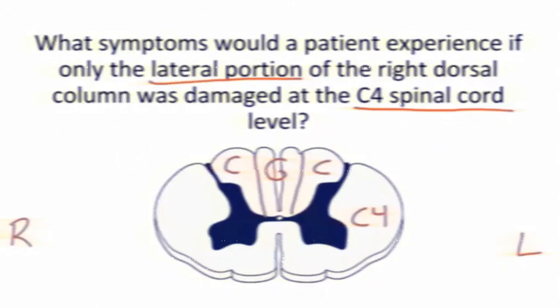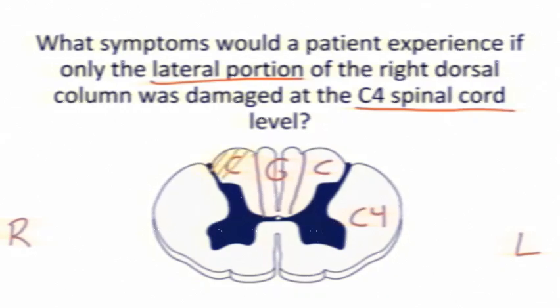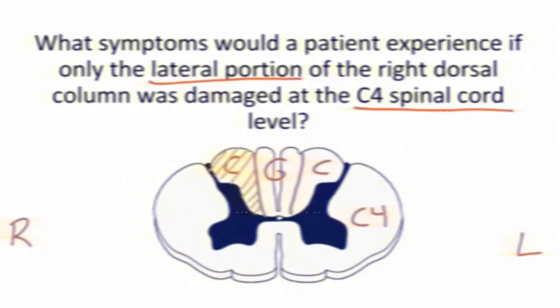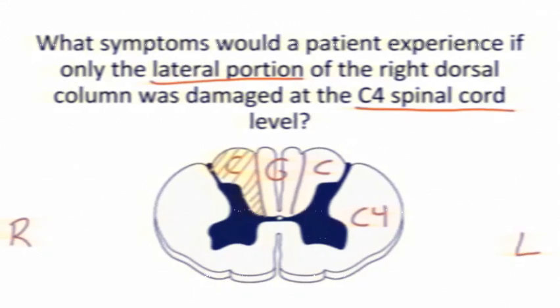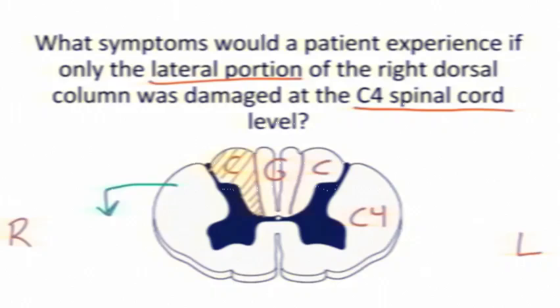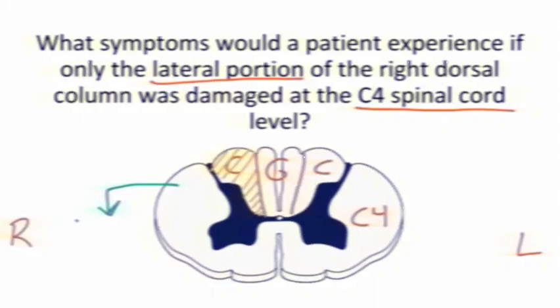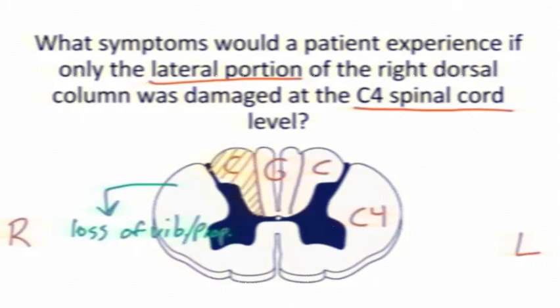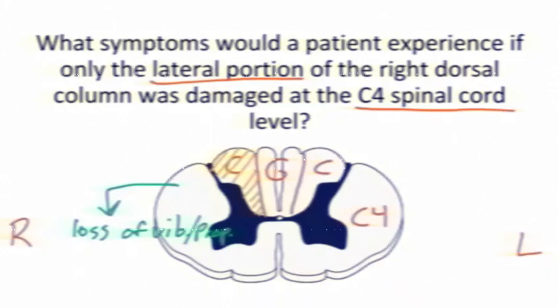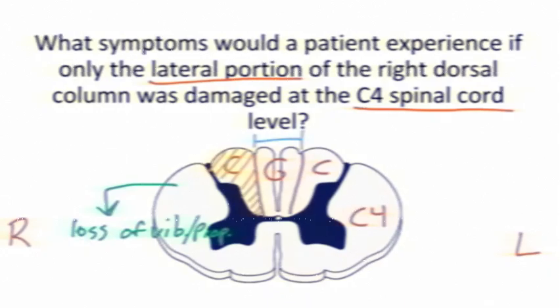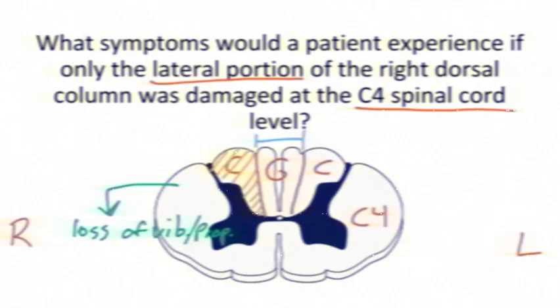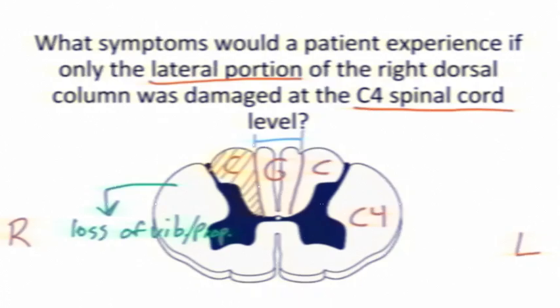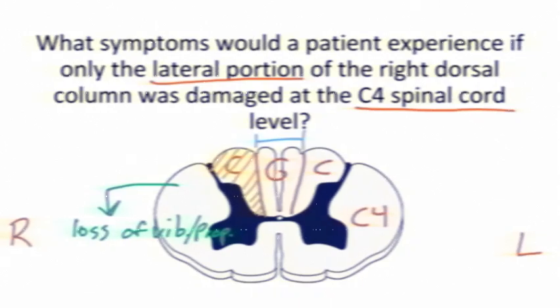So if the right lateral portion of the dorsal column is damaged, we'll fill in this damaged area here. As we discussed on the previous slide, anything below this lesion on the ipsilateral side will experience loss of vibration and proprioception. However, if the medial portion was spared, as in this case, that means that some tracts are fully functional. As I've written here with a G, the fasciculus gracilis is spared on both sides of this patient.